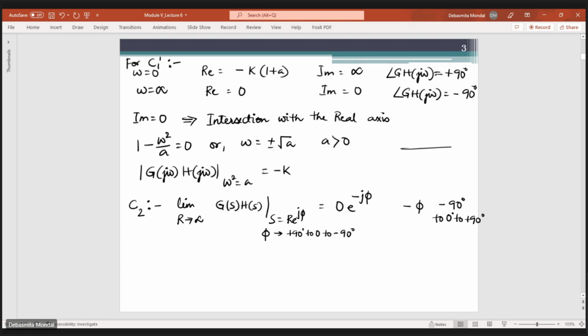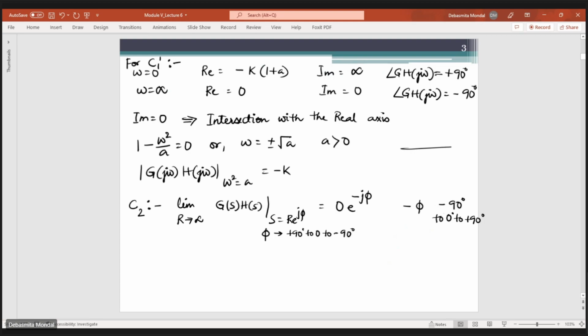In this case also, if you simply substitute and do the calculation, you will get that the real part is equal to 4k(4ω² − 2) divided by (1 − ω²)² + 4ω², and the imaginary part is equal to k(5ω − ω³) divided by (1 − ω²)² + 4ω², right?